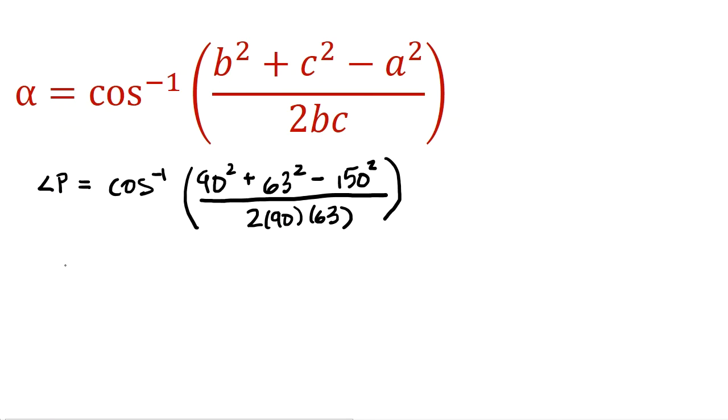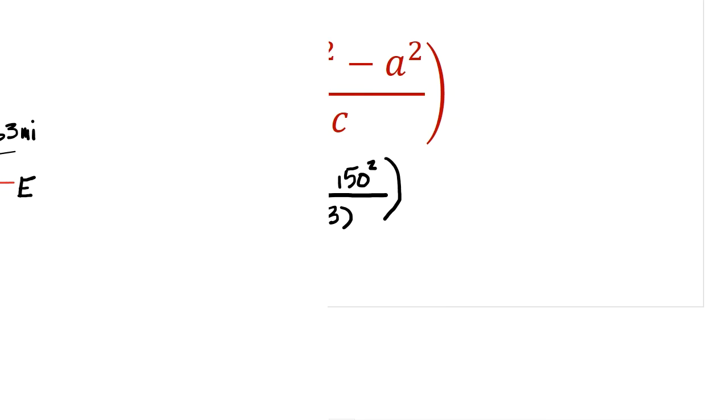I've got to calculate all of that, and that's going to give me the arc cosine. When I calculate that, I'm going to round off to 4 decimal places, so that's negative 0.9198. I use my calculator at this point and I find the angle at P is 156.9 degrees, so I'm just going to round that off to 157 degrees.